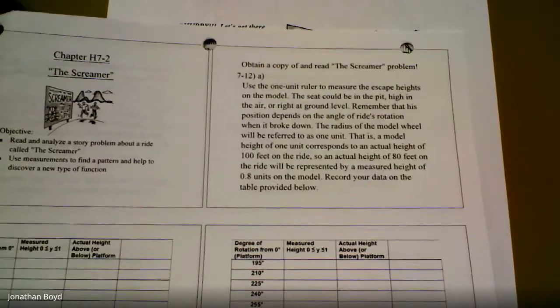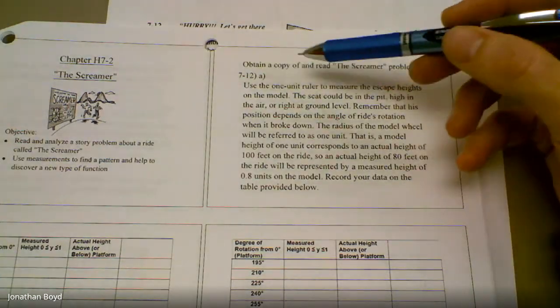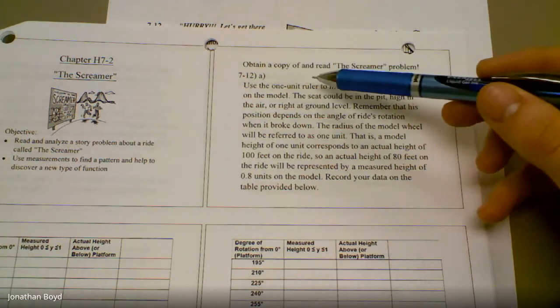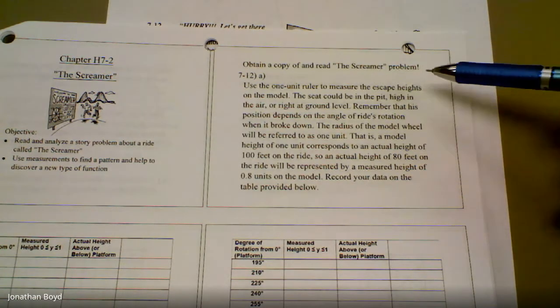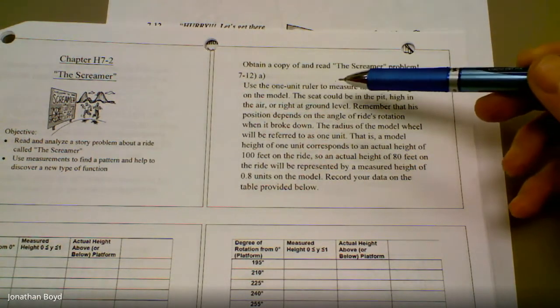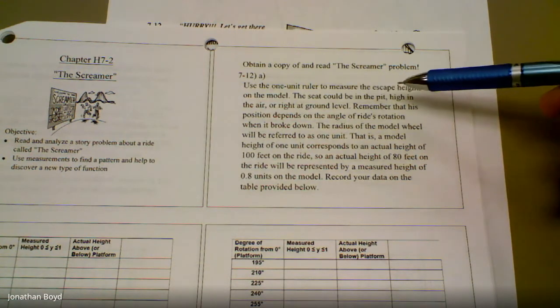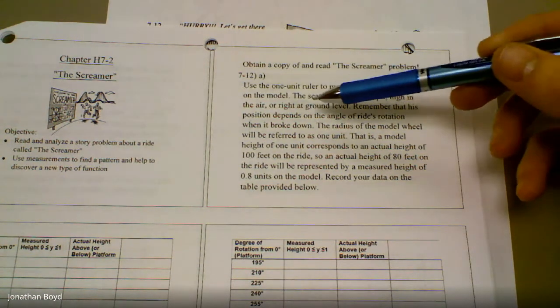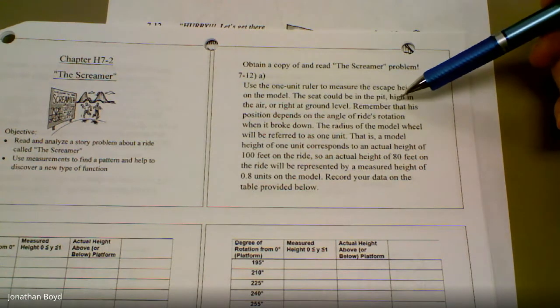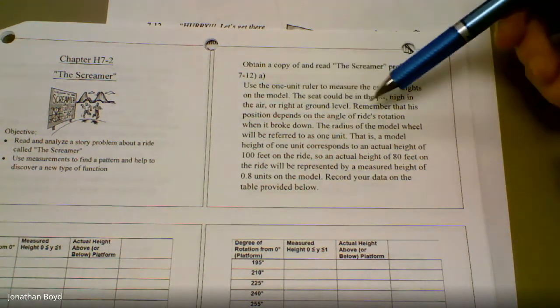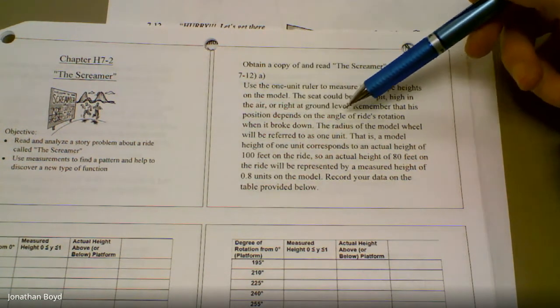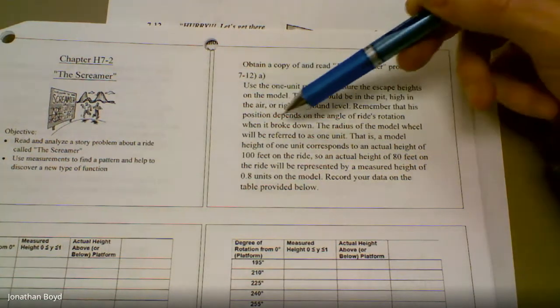All right, let's look back at our notes here for a second. 7-1-2A says, use the 1-unit ruler to measure the escape heights on the model. The seat could be in the pit, high in the air, or right at ground level. Remember that its position depends on the angle of the ride's rotation when it broke down.